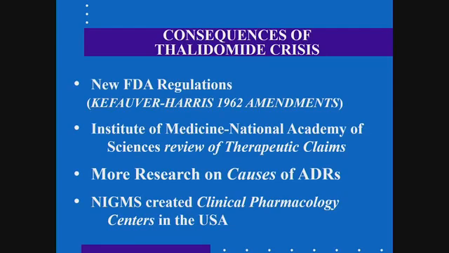The Institute of Medicine and the National Academy of Sciences began to review therapeutic claims at that time, and also more research on the causes of adverse drug reactions was encouraged.